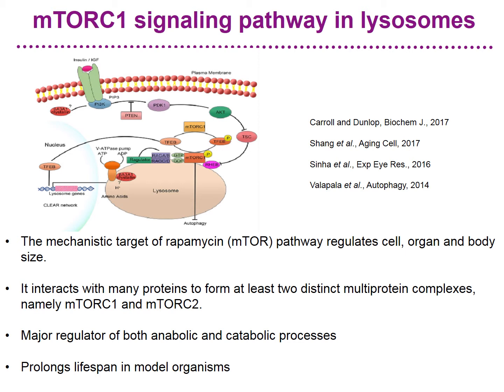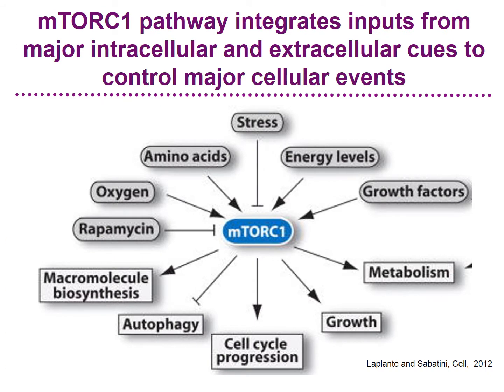Once mTORC1 is on the surface of the lysosomes, it is activated by Rheb. mTORC1 regulates lysosomal function by directly preventing autophagy and the transcription factor TFEB activation. The mTORC1 pathway also integrates inputs from major intracellular and extracellular cues to control major cellular events and is a negative regulator of autophagy.